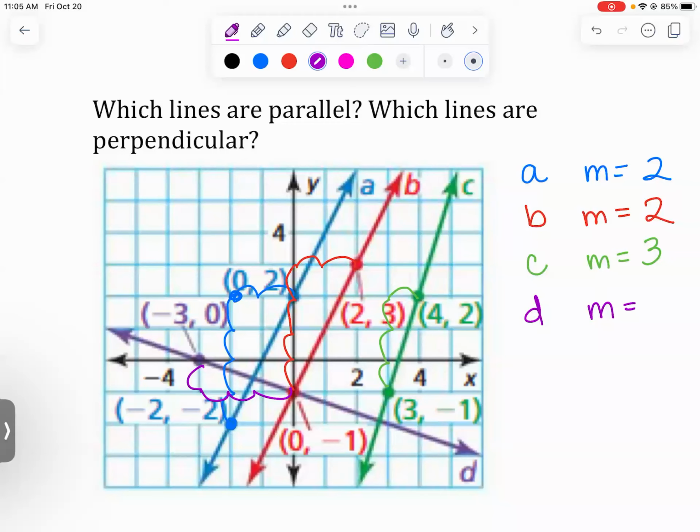What's our rise? Rise of one. Okay, positive or negative? Negative, because our line is falling. So what do we know? We know that A and B are parallel because they have the same slope. And we know C is perpendicular to D because they have opposite reciprocal slopes. Are we okay with that? Yes.